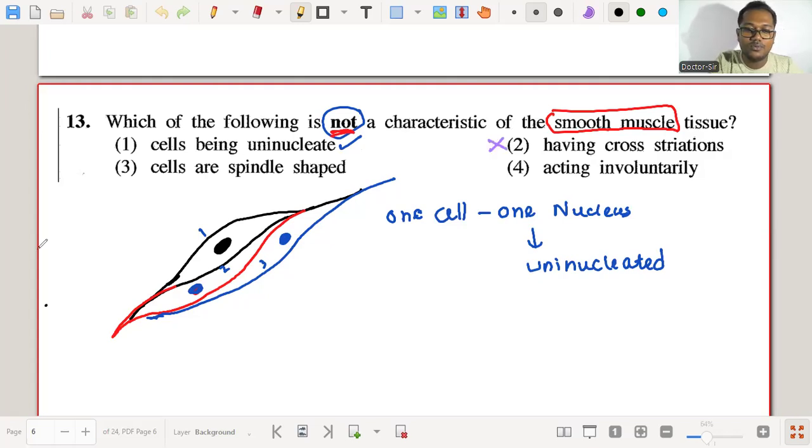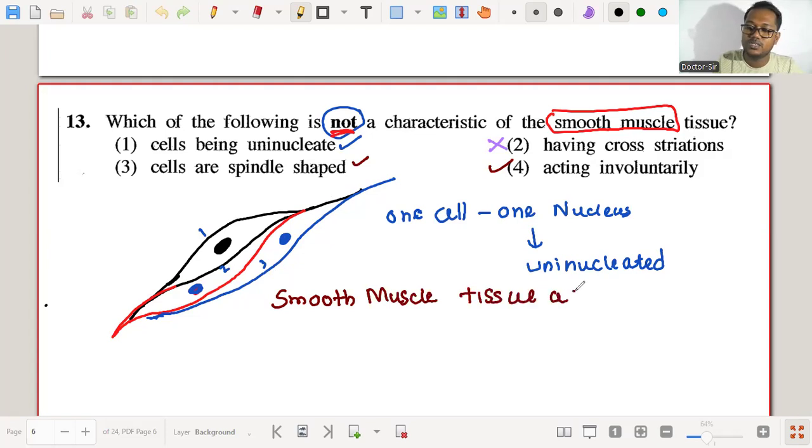Then we go to the next one. Cells are spindle shaped; I already drew that here. It acts involuntarily. That is also correct. Why? Smooth muscle tissue actions are controlled by the autonomic nervous system.